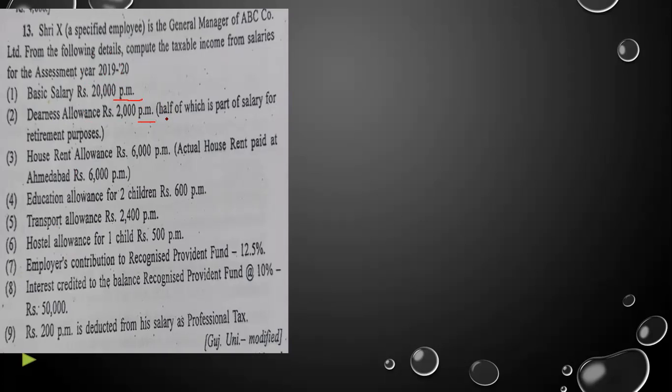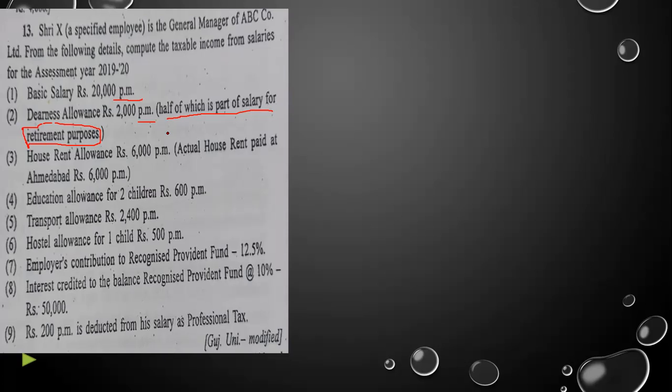Now, this line is very important: half of which is part of salary for retirement purposes. We have to understand that if any part is given for retirement purposes, that will be included in the calculation for any allowances in the salary.